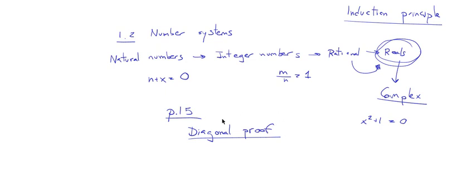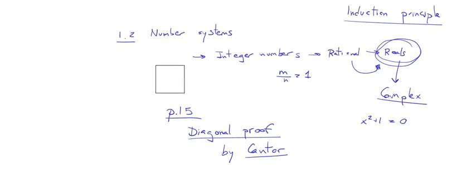This is proven by the diagonal proof by a man called Cantor, who actually went mad because of the things he discovered when he was studying the reals. This is kind of geek territory, but you can read about it in the notes if you want.